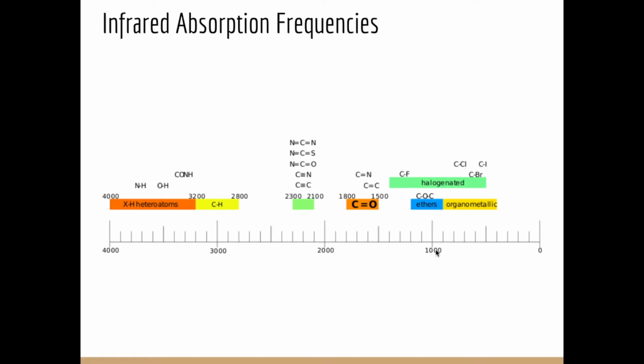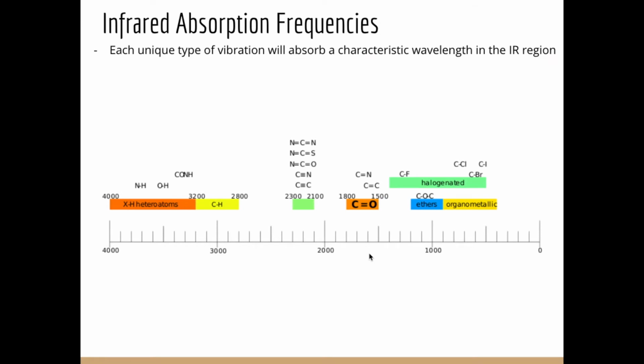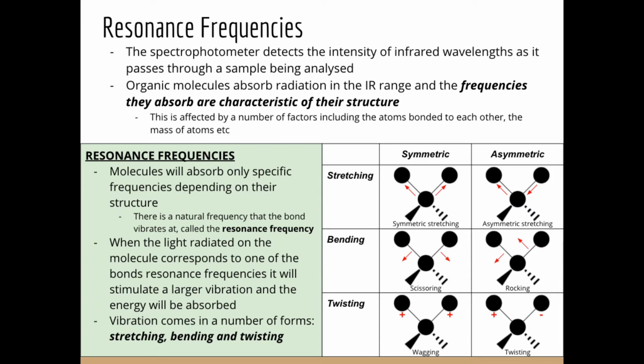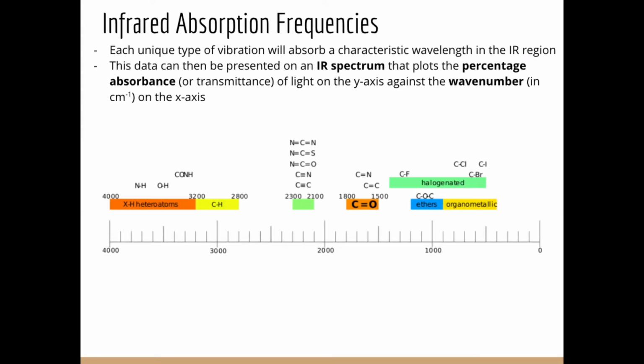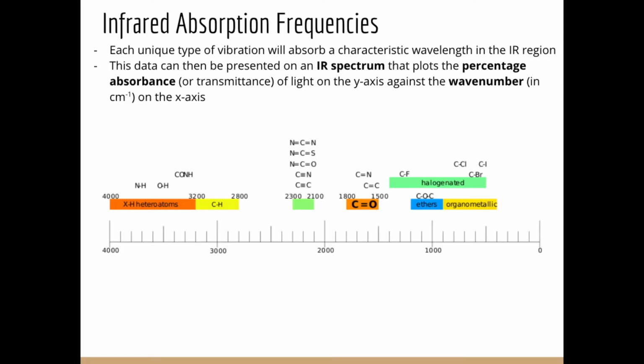All right, so why am I telling you all this and acting like a fool with my actions? Well, each unique type of vibration, remember, is unique based on the atoms that are bonded. This will give us a characteristic wavelength in the IR region, because they're only absorbing a very small section of the IR region, and therefore our detector won't see that section, if that makes sense.